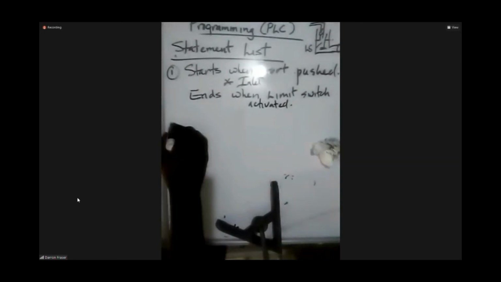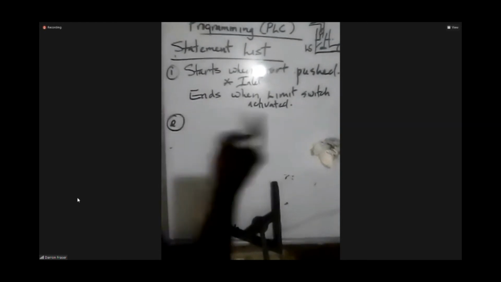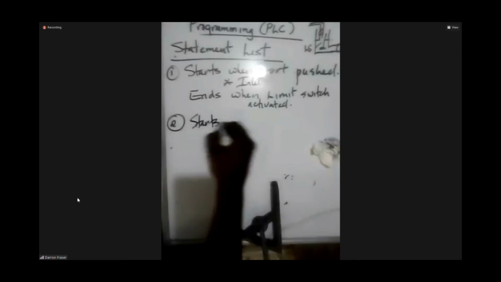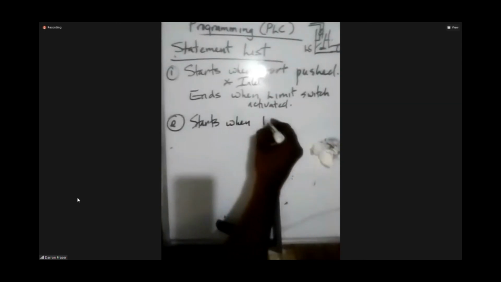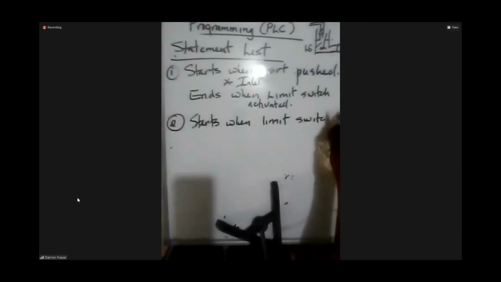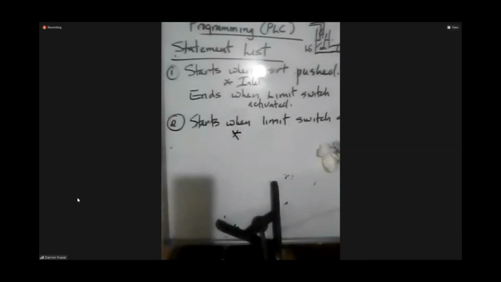All right, now the second line in our code starts when the first one ends. So it starts when the limit switch is activated. That is how we ensure that the process moves from one to the next. What is turned on when the limit switch triggers?